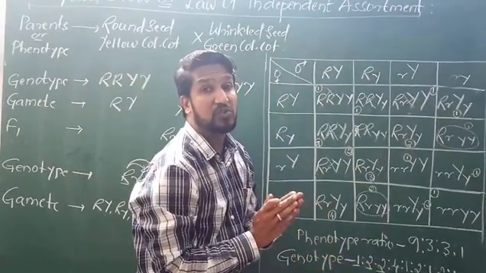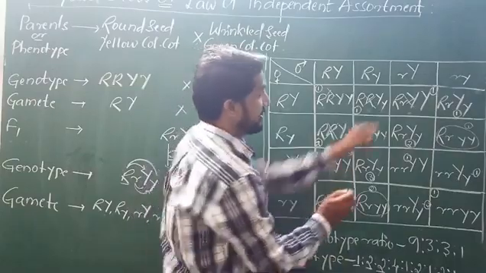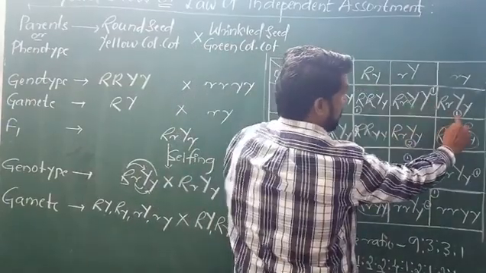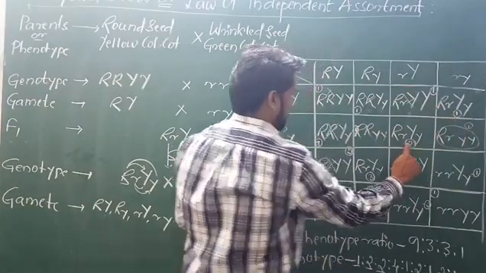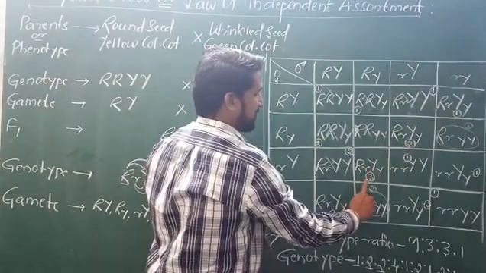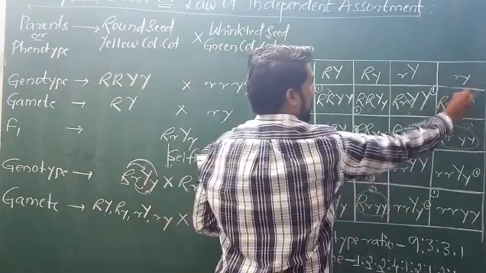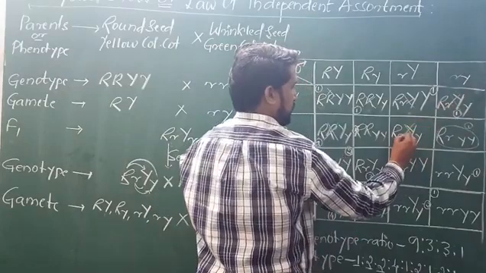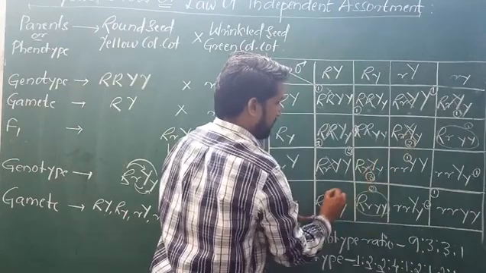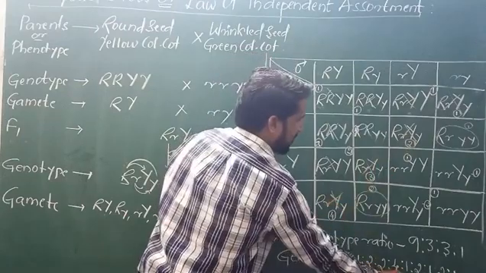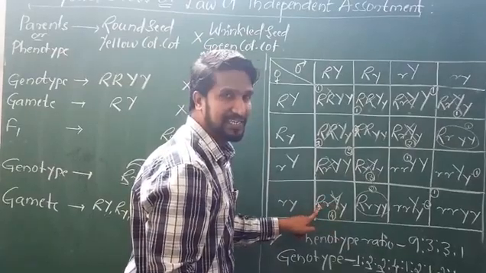All are heterozygous condition, meaning round and yellow color cotyledon are both heterozygous. At the center I had 1, 2, then the 3, then 4. 1, 2, and this comes here heterozygous 3, and this is 4. 4 have come: round with yellow color in heterozygous condition.